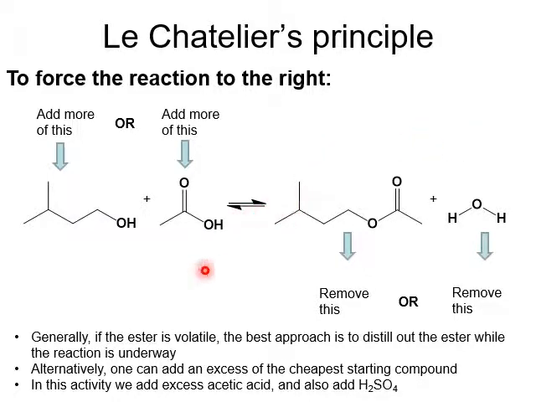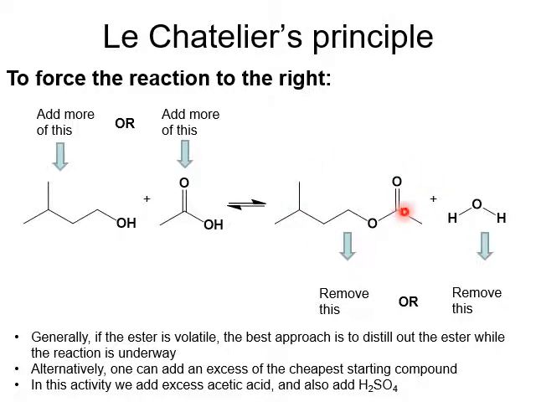As I've mentioned, we have two procedures. At first, we can add some extra reactant, or we can use a method to decrease or remove one of the products. For the reaction we're going to do today, by adding some extra acetic acid, which is the cheaper reactant, that's why we choose it, we will have a shift to the right and more product.